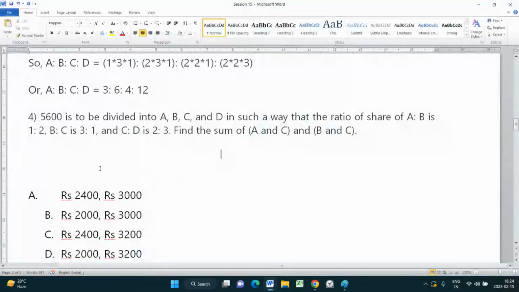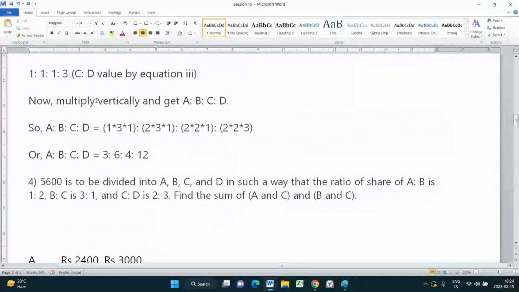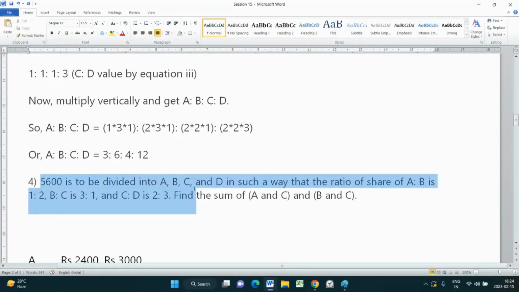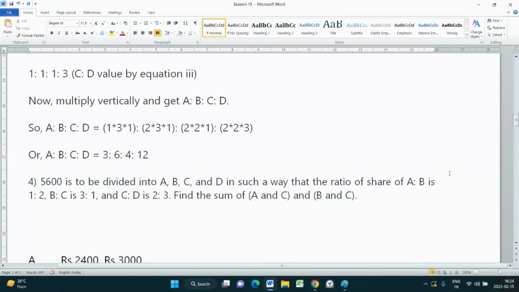Now we are going to do a similar sum. Whatever we did now, we are going to repeat, with a little twist. 5600 is to be divided into A, B, C and D in such a way that the ratio of A is to B is 1 is to 2.